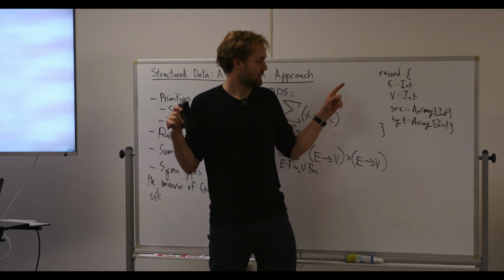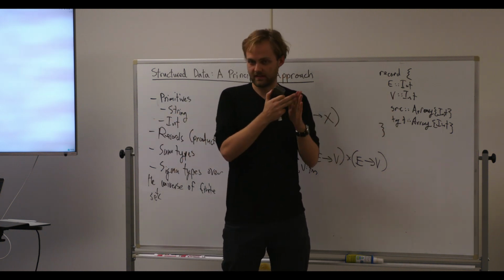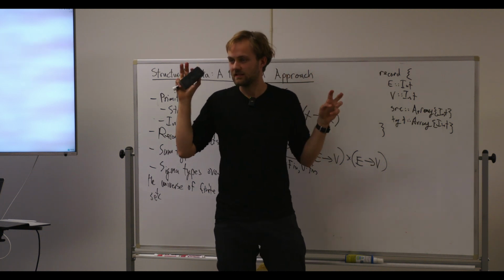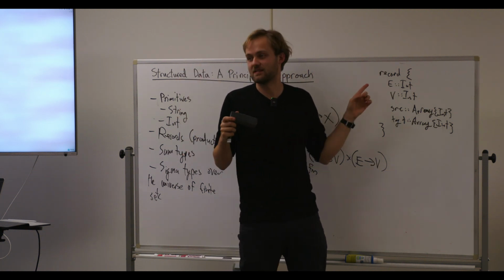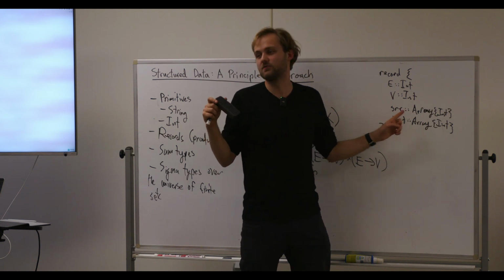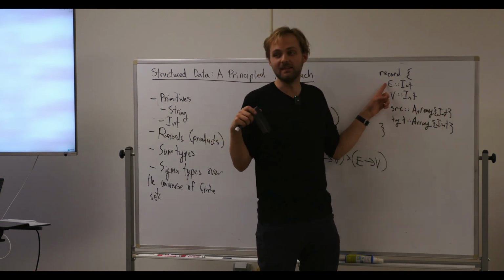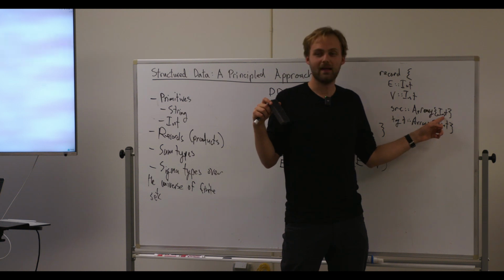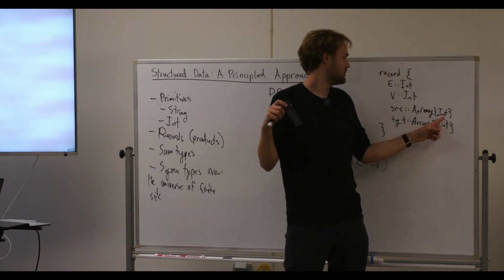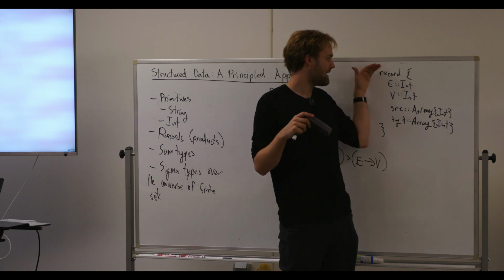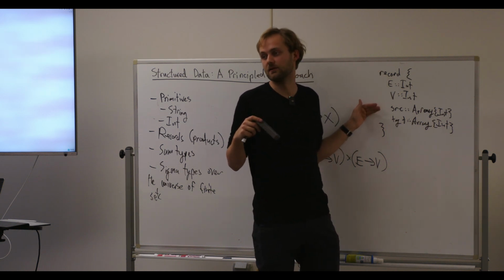And then source says, for each edge, there's an implicit guarantee here. You might write this as a comment in the data structure that the length of source should be E, and each element of source should be between 1 and V, but I can't actually put that in the type.